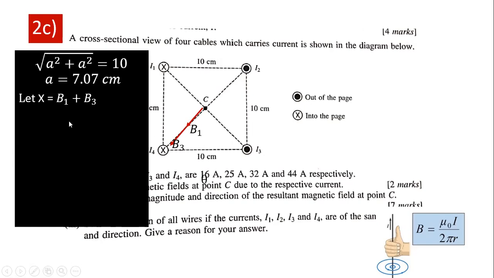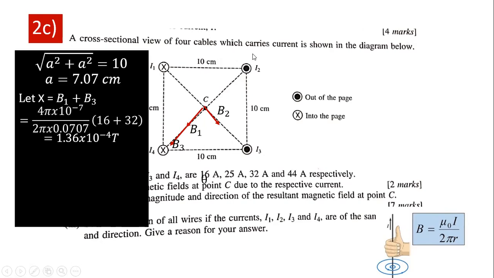B1 and B3 add together, we call that magnitude X. We are just using this formula, mu naught I over 2 pi R. R is your A value, and then your I1 and I3. Add them up, get your answer.